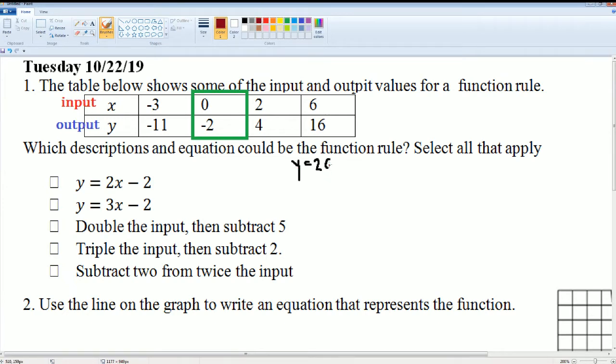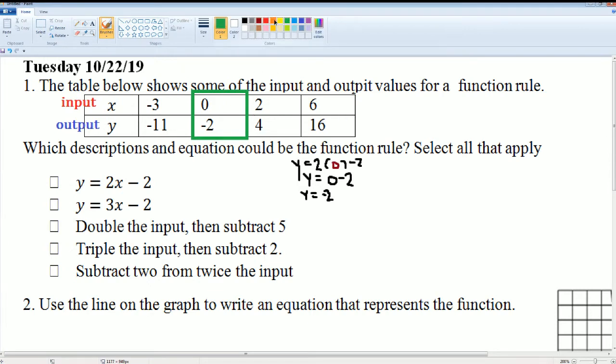Y is 2 times 0, which is 0, minus 2, so y is equal to negative 2. That works.